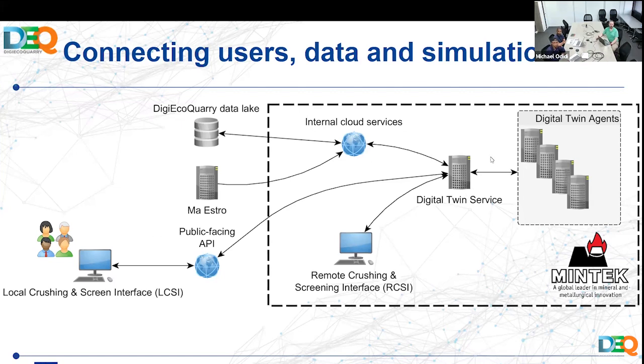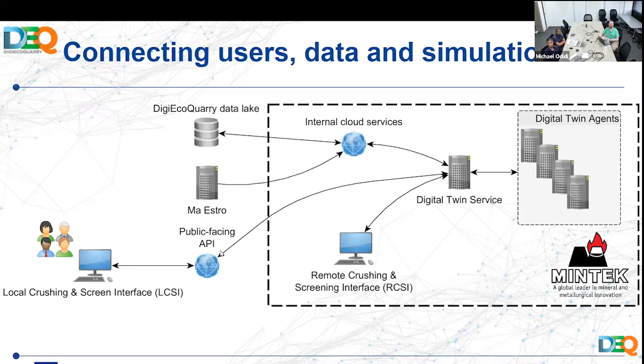So if we start on this side, we have a central service. This is the web service that we are developing, which is the backbone for collecting the data and distributing it to the computing resources that will actually run the simulations.